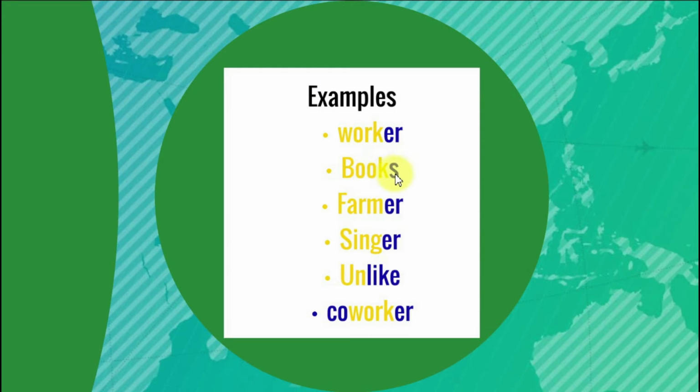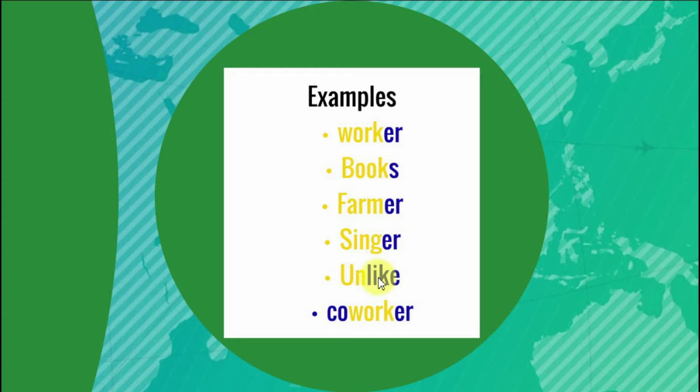When we add s to make it plural, "books" becomes two morphemes. "Farmers" also has two morphemes, because we have "farm" and "ers". Okay, "singer" is also two morphemes: "sing" and "er".